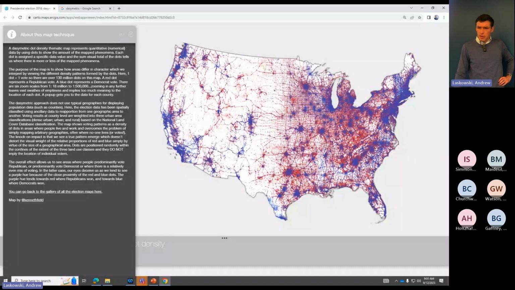If you look at different areas of the map, right over here in the New England area, you can obviously see that there are lots of Democratic voters. Small pockets where you see some red coming through, but overall it's almost entirely solid blue. But that's a problem. You can't really see how many dots are there because the dots are just all over each other. There's not enough room for them to plot.